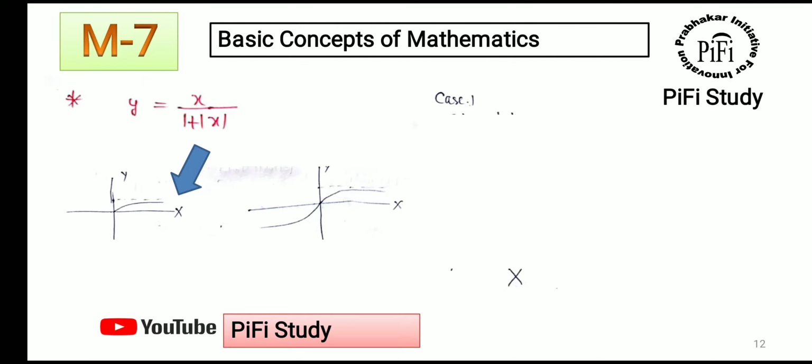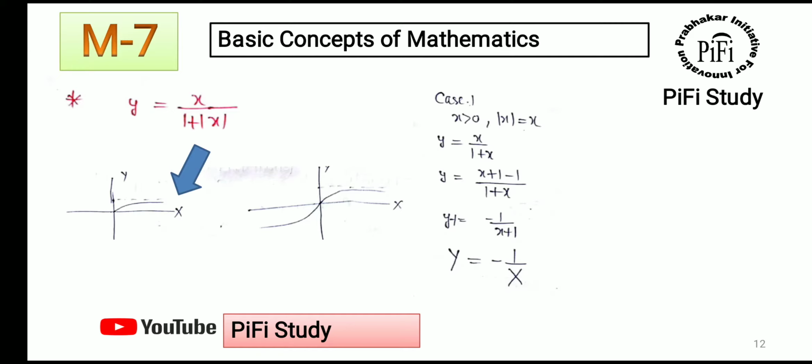Then again, before starting to solve this type of question, there are two kinds of judgment to draw the plot. One, you have done so much practice that after seeing this you can draw it directly. Or else go case by case. So I suggest you go case by case.